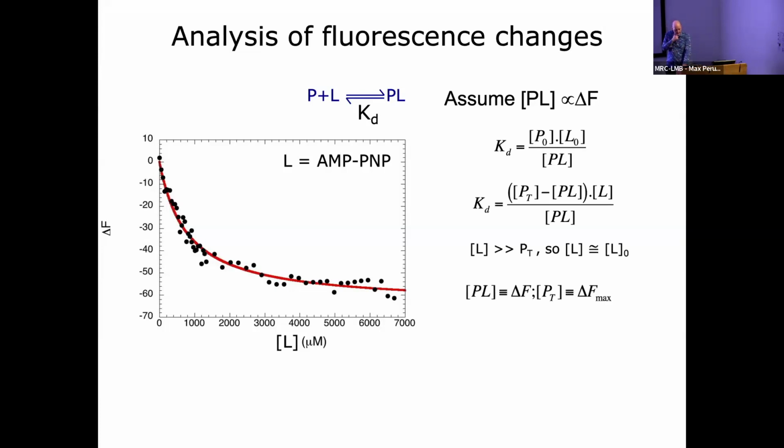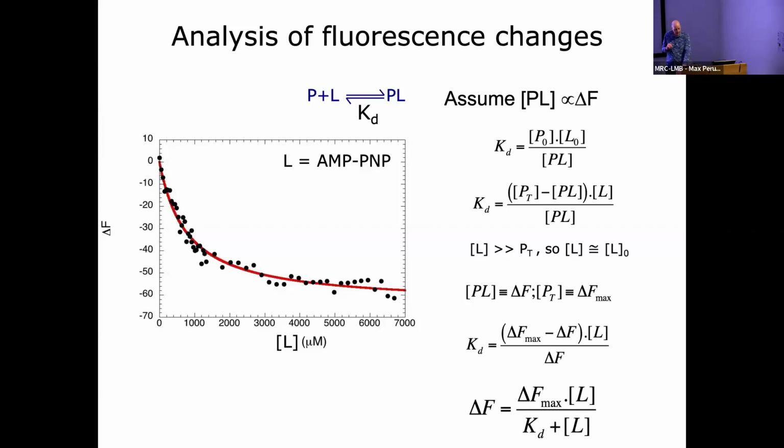Our assumption is that the complex is related to the change in fluorescence, and when you get to the maximum, that's going to be the total protein. Just a simple formula, and then you can fit that by the change in fluorescence and the ligand binding.